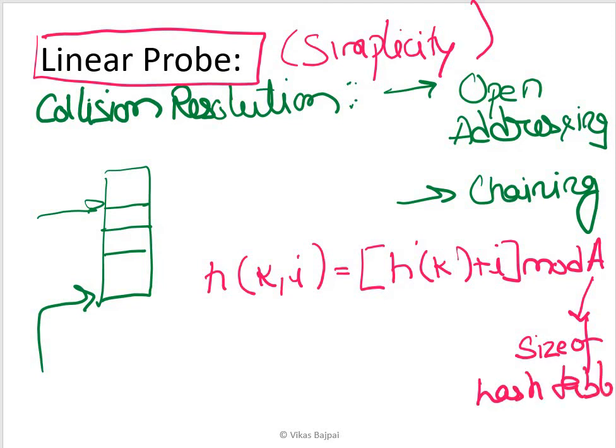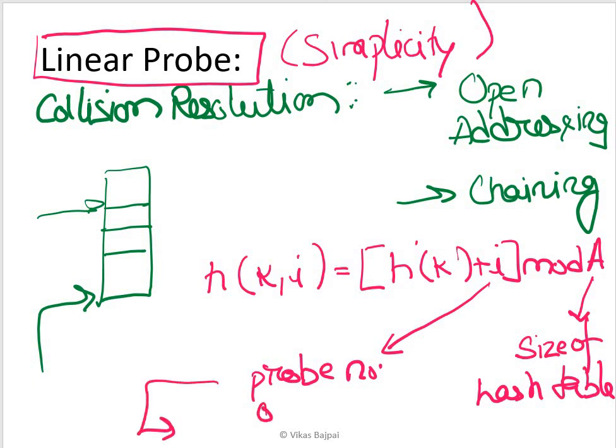So I have this a as the size of the hash table, and i is nothing but a probe number, and since we are doing some shifting, it will be somewhere between 0 to m minus 1, or here it is a minus 1.